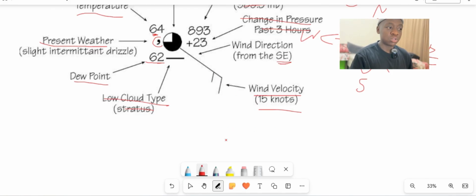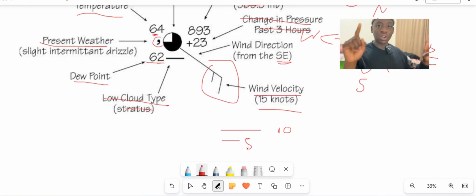I'd like you to know that if you see a full line and a half line, as you can see here, a full line represents 10 knots of wind velocity, and a half line represents 5. So the long one represents 10, the short one represents 5. Yes, so that is what I want you to know here.